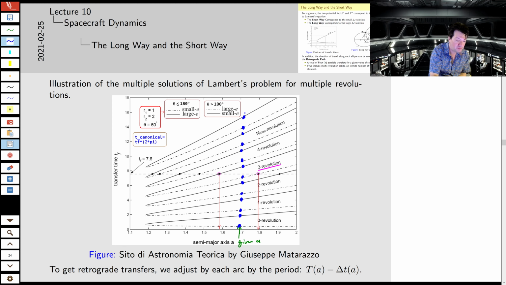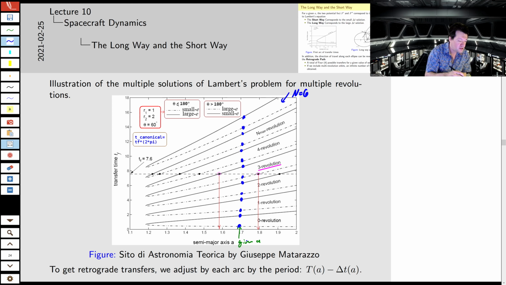Here we've only plotted out to, it looks like, 4, 5, 6 revolutions, n equals 6. Again, for a given A, there's an infinite number of possible paths. However, not many of those paths will actually achieve your desired delta t.